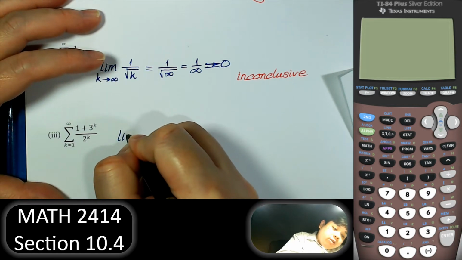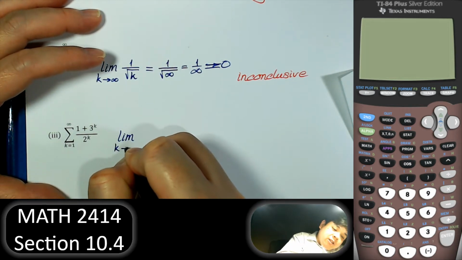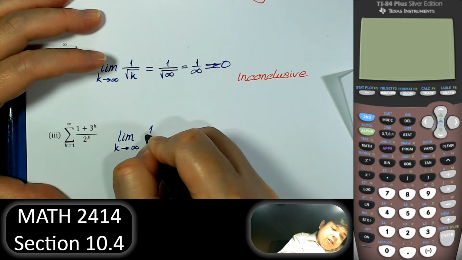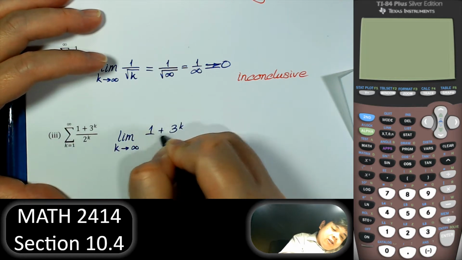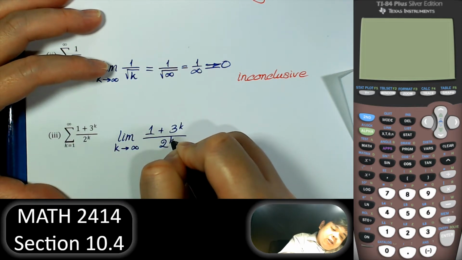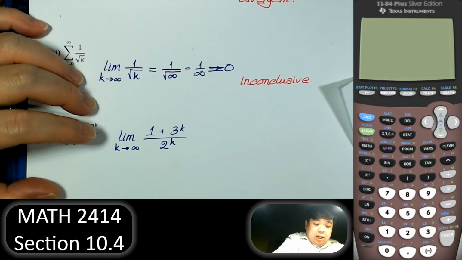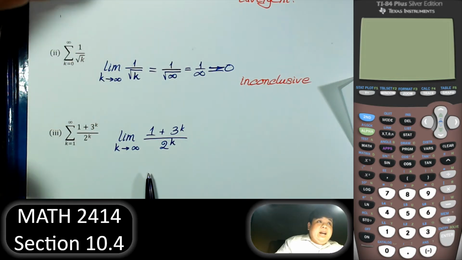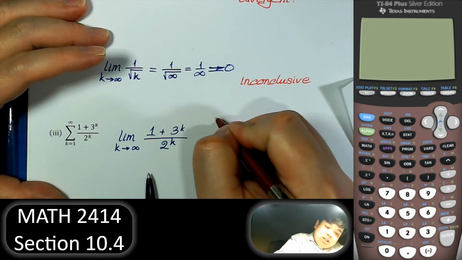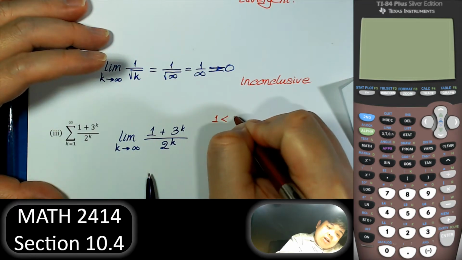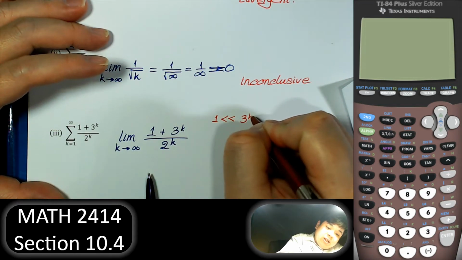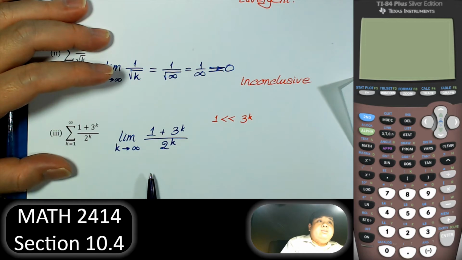So if we want to find the limit of that, all I do is say 1 is significantly less than 3 to the k, so we just ignore it.